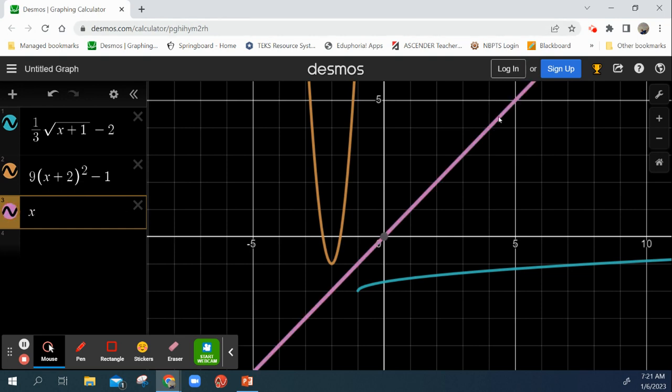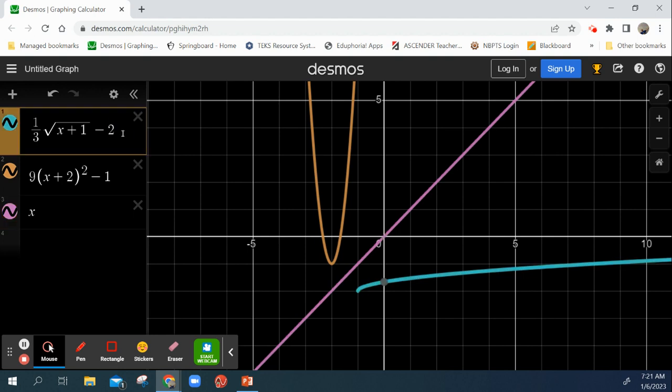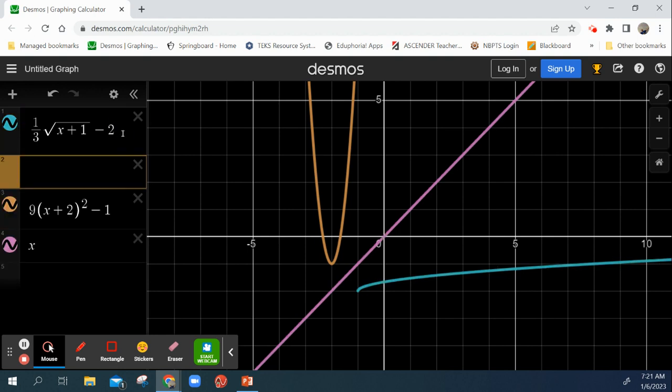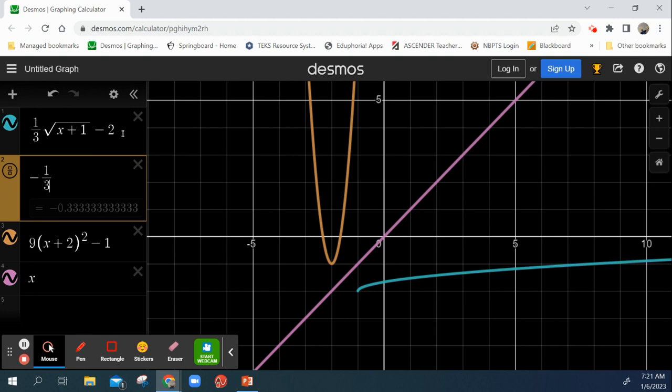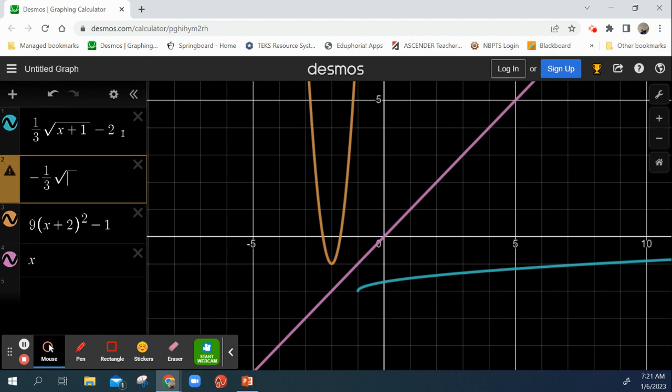Then when we throw in y equals x, it gets a little more apparent, but still not quite. So I'm going to also include the negative version of this. Okay, now it is painfully obvious that these are symmetrical about the line y equals x.